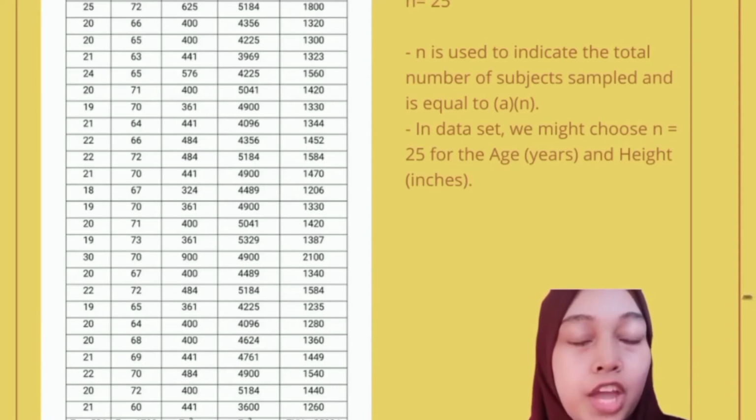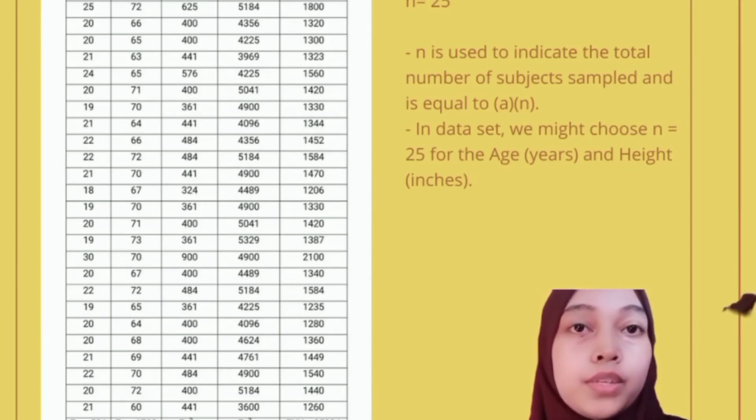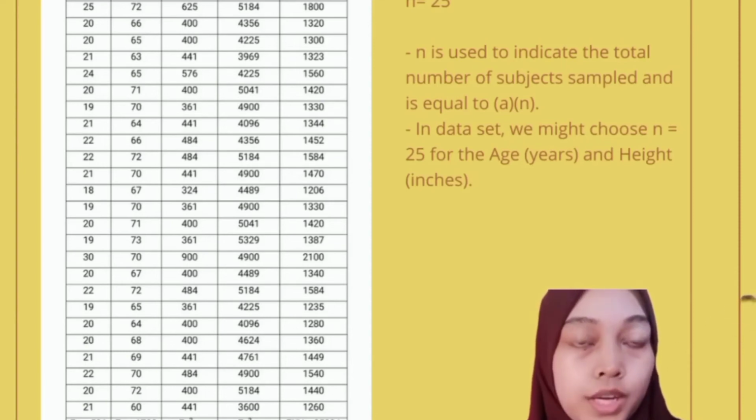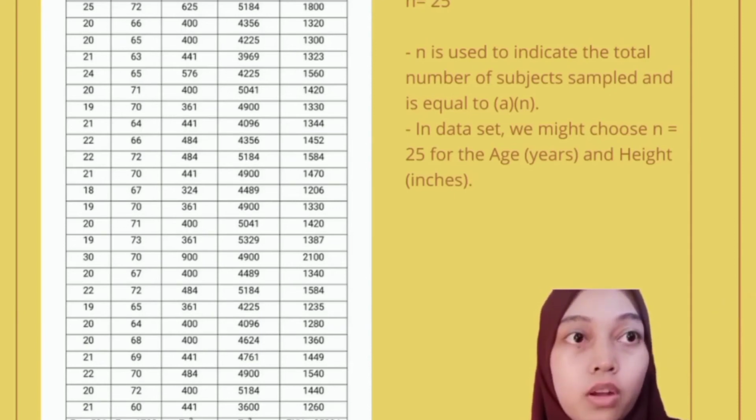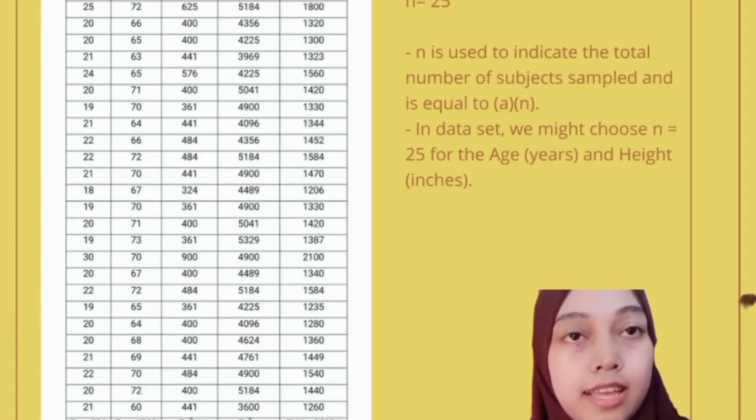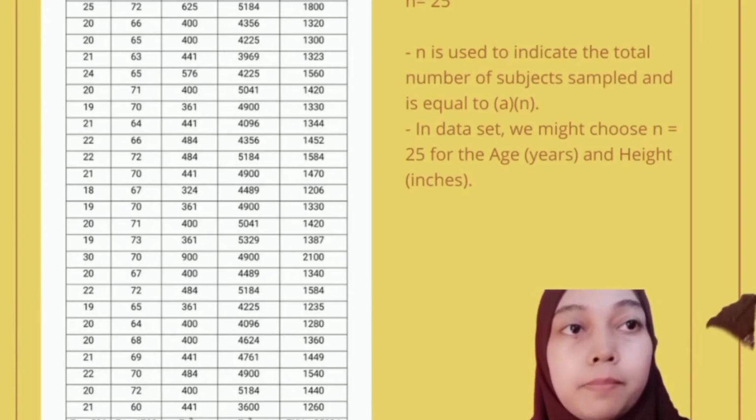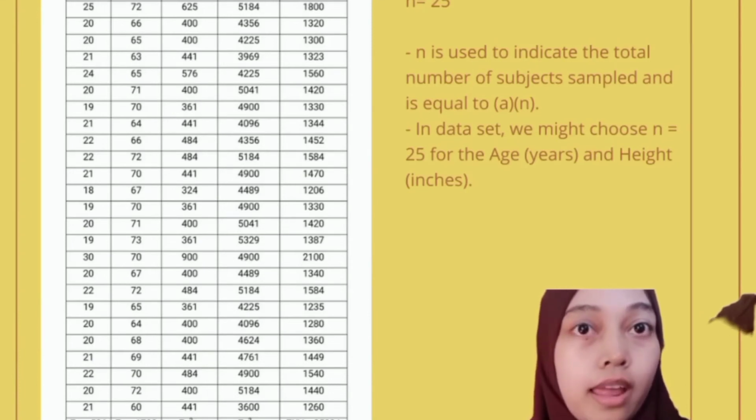For the data x, we have values from 18 to 13 at random, and we calculate them all and get a total of 526. For data y, we have values from 16 to 73 for height. We calculate them all and get a total of 1702. For x squared, we compute by multiplying x by x, and lastly we get a total for x squared of 11,210.